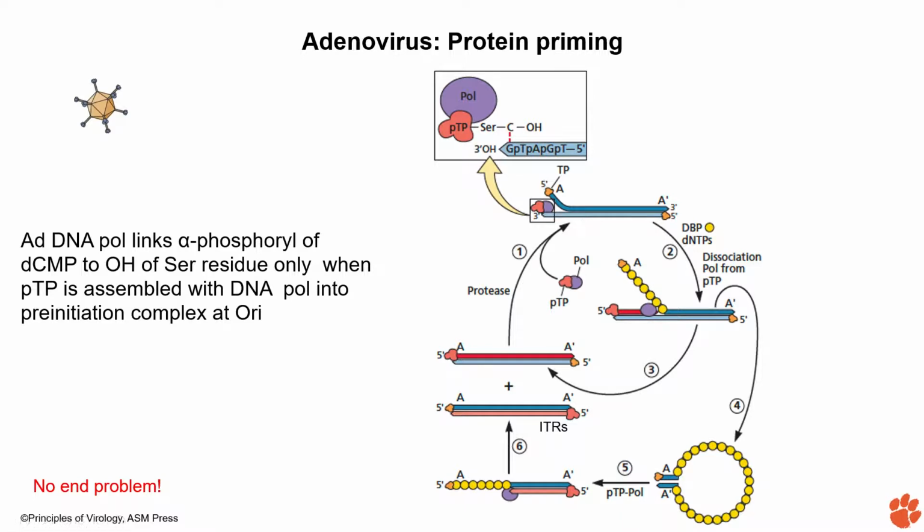No problem with that. How the other strand is synthesized, just remember that you have this completely circularized molecule. The interesting part is right here: if you carefully look at that, this is your 5' to 3' end, and there is absolutely no problem.